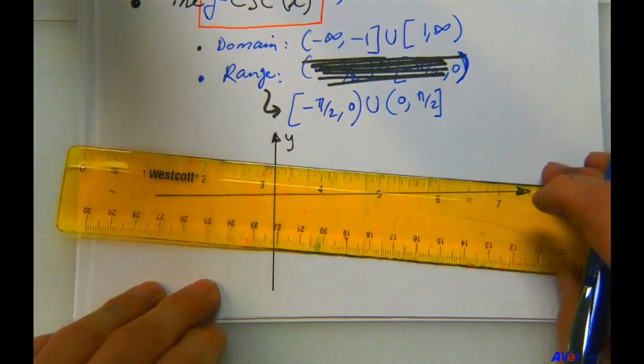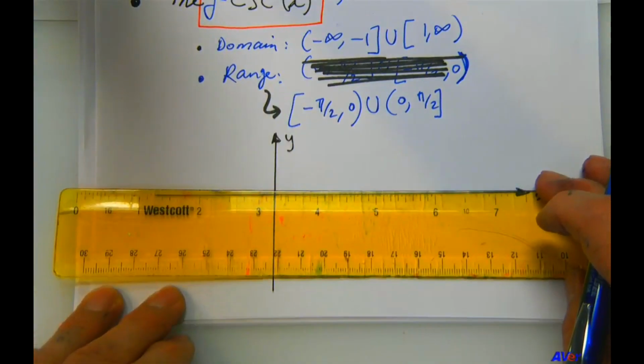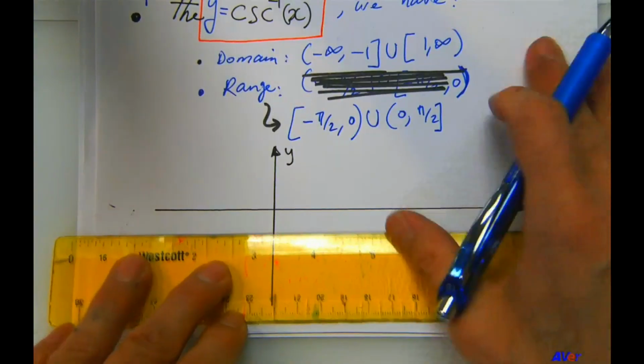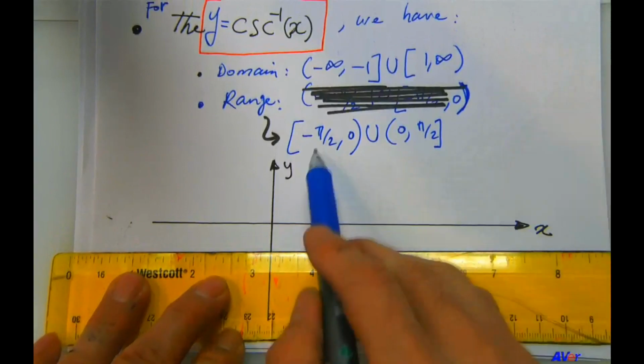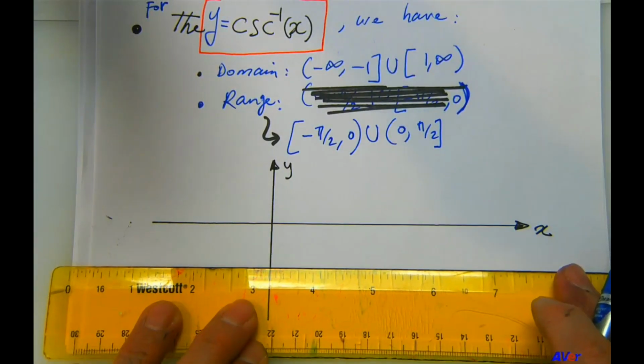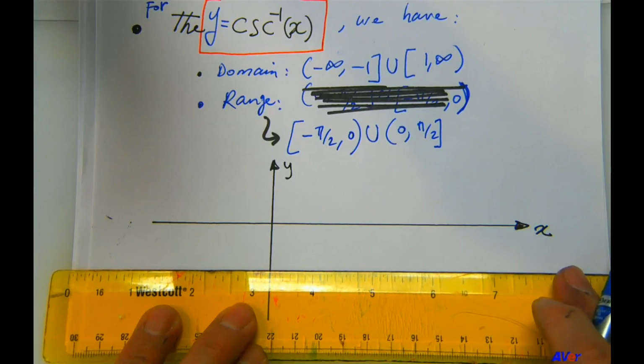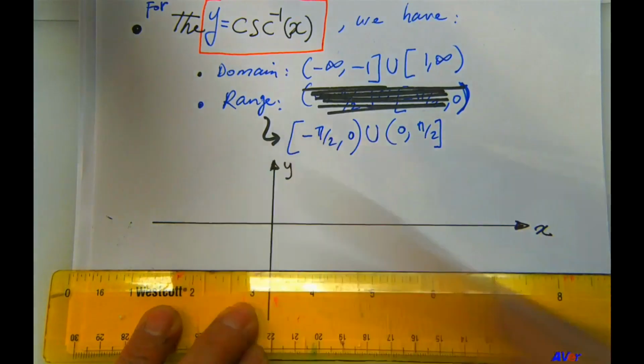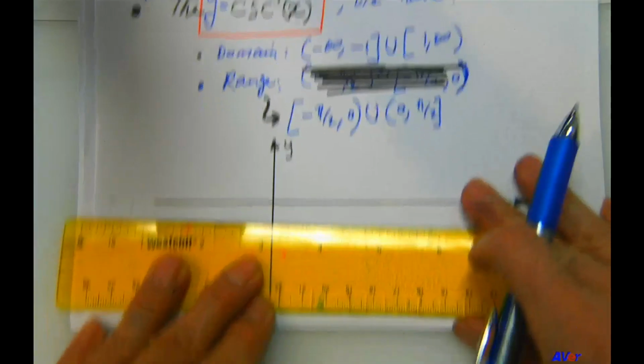Okay, so we have the pi over 2 and the range is from negative pi over 2 to 0. So I'm going to draw that here. Right here would be good. So let me move this up a little bit.